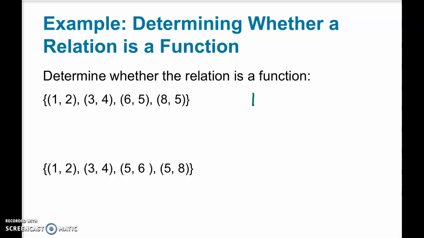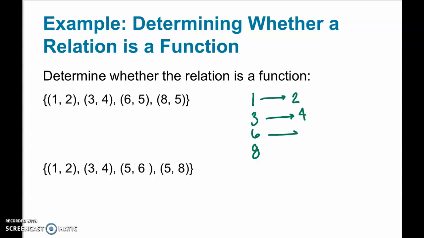I have 1, 3, 6, 8. 1 corresponds to 2. 3 corresponds to 4. 6 corresponds to 5. And 8 also corresponds to 5. So I could put my arrow like this.